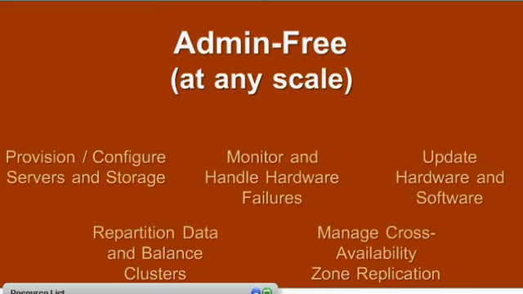And then you have to repartition data and balance clusters as your requirements and scale needs change. That can be challenging to do going up. It's also very challenging to do when you need to scale down. And being able to do that at short notice to scale down during short periods or quiet periods of your application time, either in the evening or when you're not working on Super Bowl ads, then there's some nice cost savings available there as well.